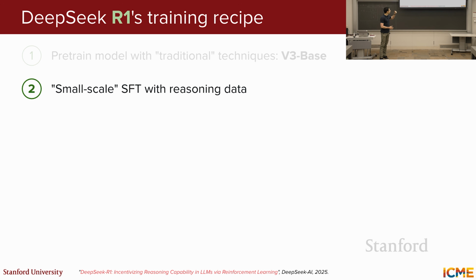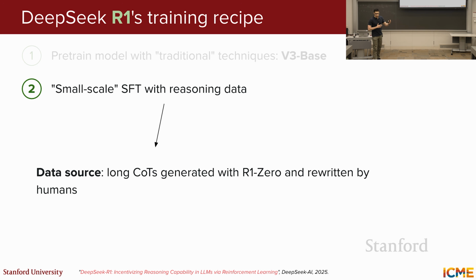So it starts from what they called cold start data. They generated COTs during the R10 stage, and these COTs sometimes had issues. So they used humans to rewrite some of these so that all these COTs are compliant when it comes to formatting and language consistency.